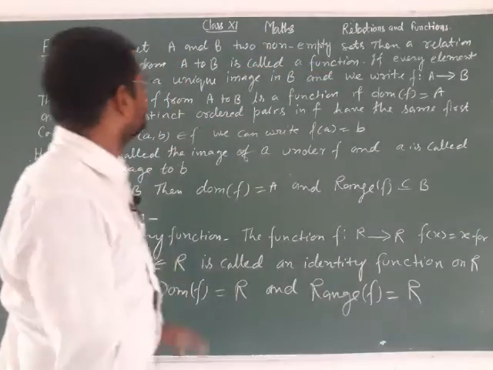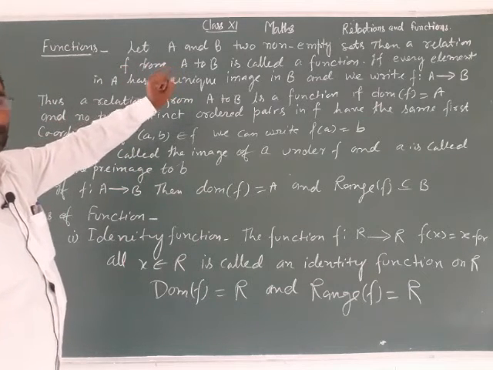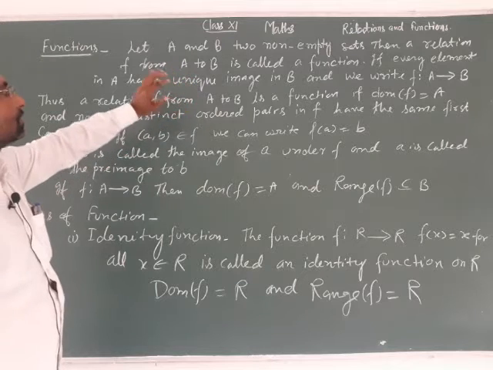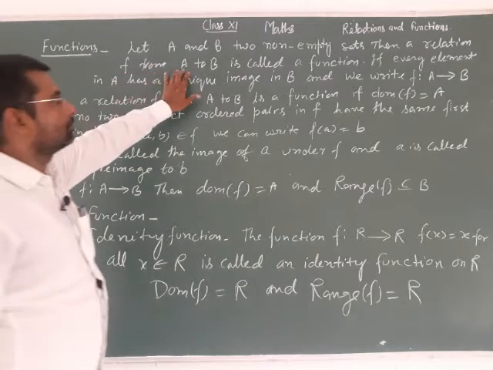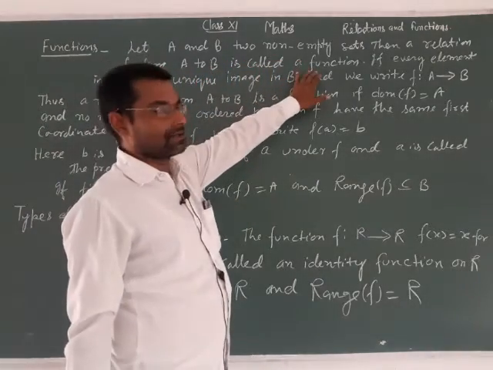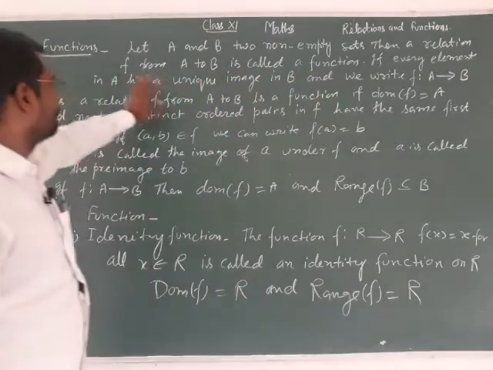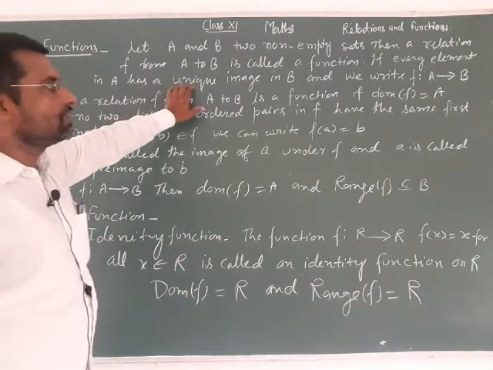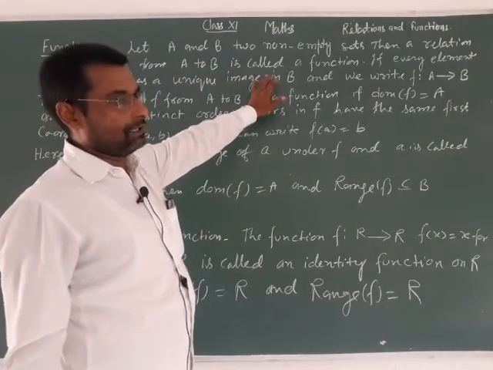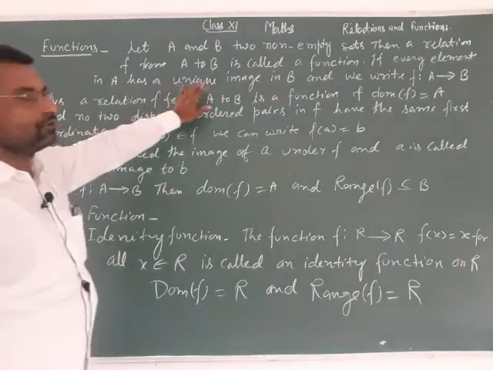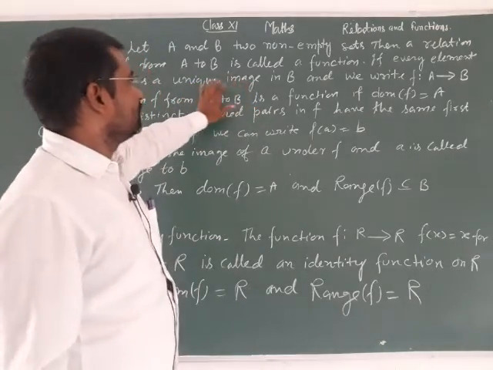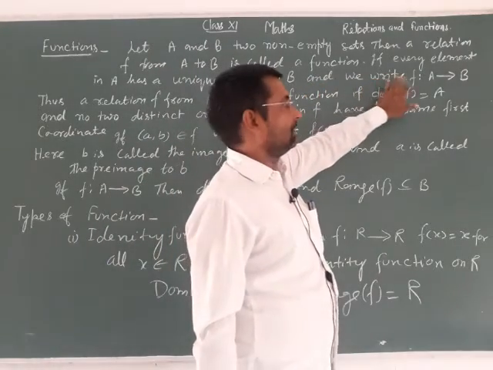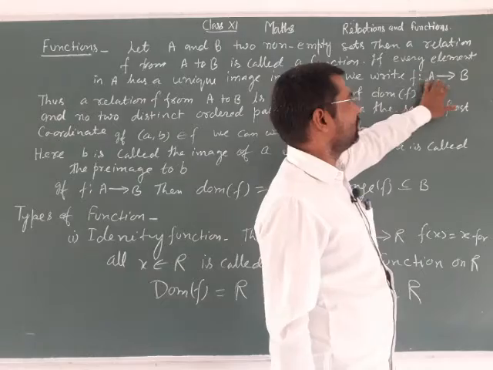Then a relation F from A to B is called a function if every element of A has a unique image in B, and we can write a mapping F from A to B.